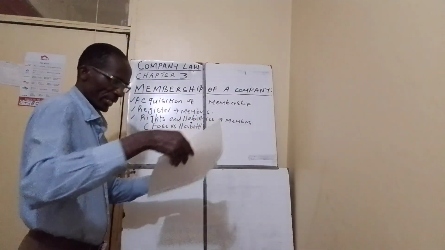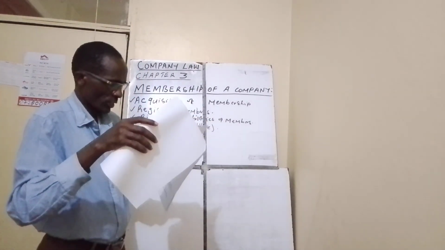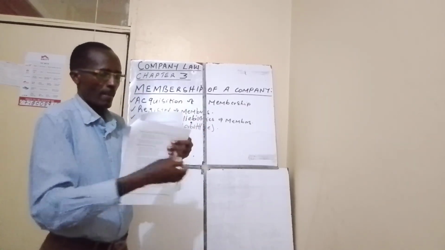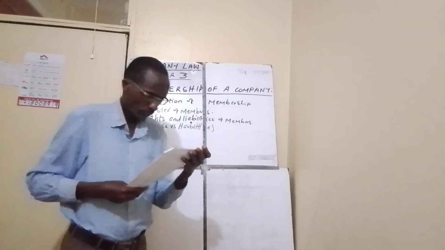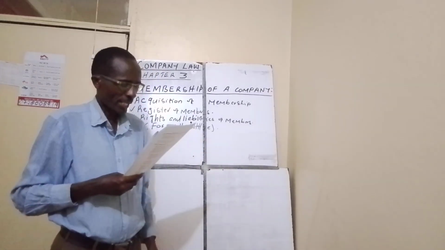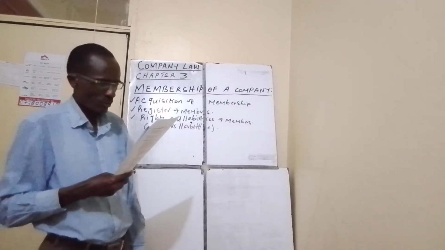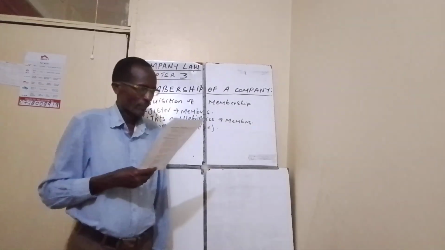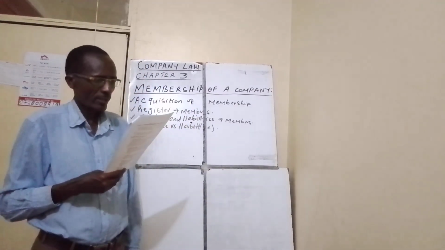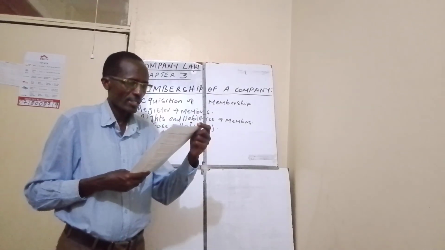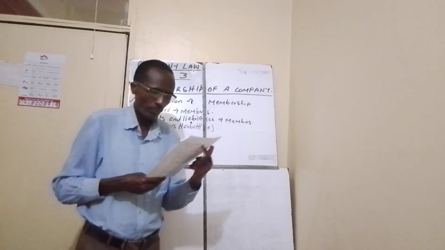I move to corporate rights. What are corporate rights? These are rights conferred upon the company by law and are exercisable by the company as a legal person. If violated, the company is prima facie the proper plaintiff for redress.